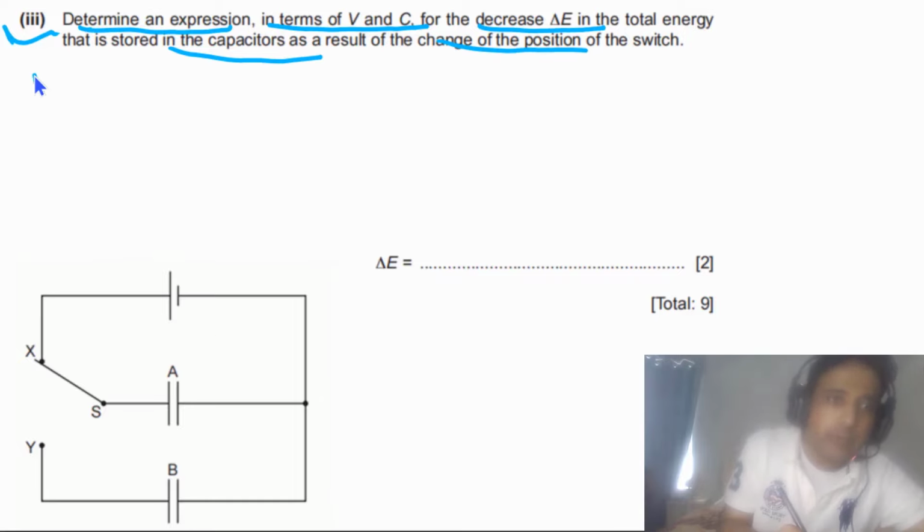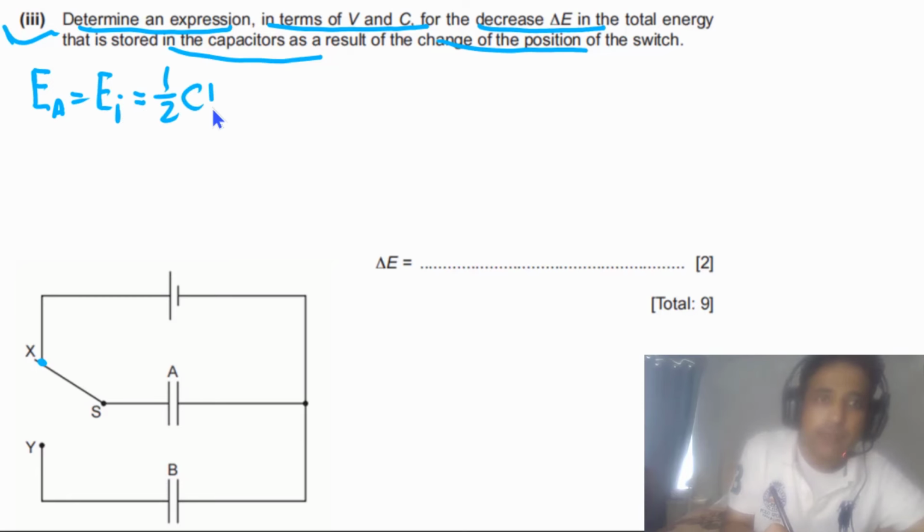We have already discussed the initial energy stored in the capacitor when the switch is at position X. We have discussed that EA, in this case, is equal to EI. This is the initial energy stored in this capacitor, and this is equal to 1/2 CV squared. We can also calculate the final energy.